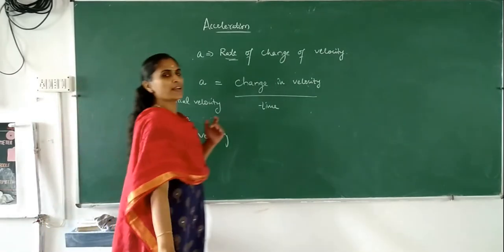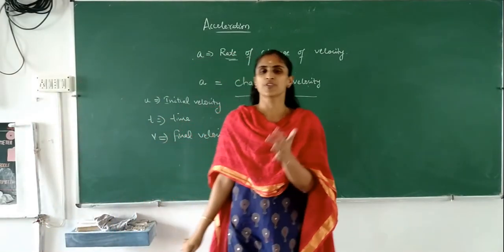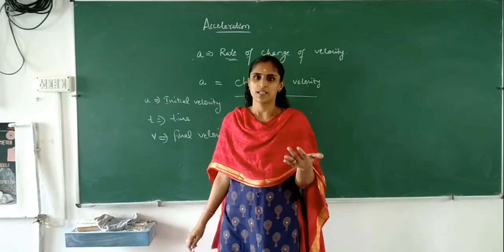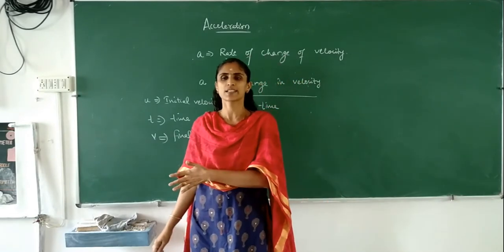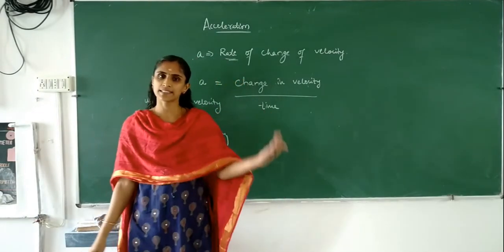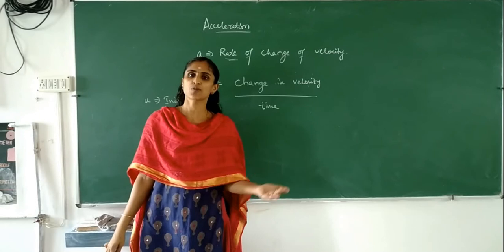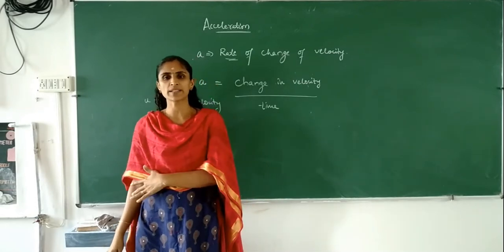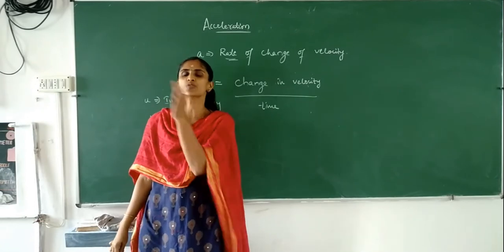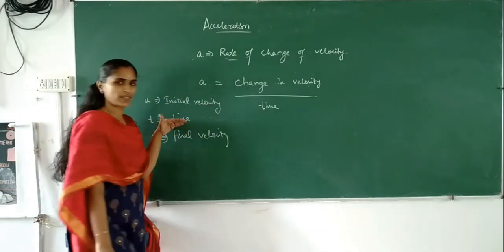For example, a train is moving at a speed of 100 km per hour, and after 10 minutes that speed or velocity is increased to 150 km per hour. So we can say that 100 km per hour is the initial velocity and 150 km per hour is the final velocity. And what is the time taken to change in velocity? That is t. Is it clear?